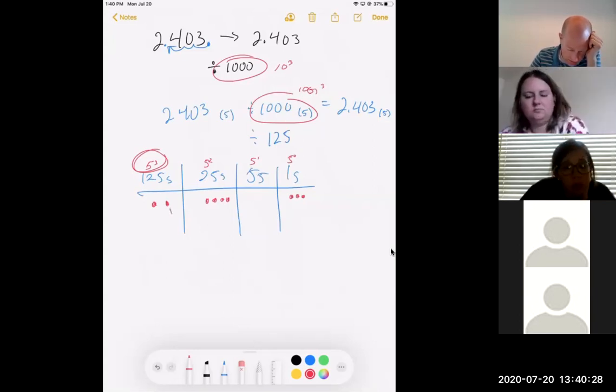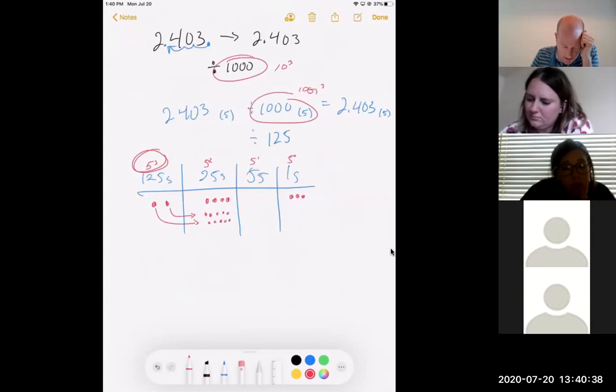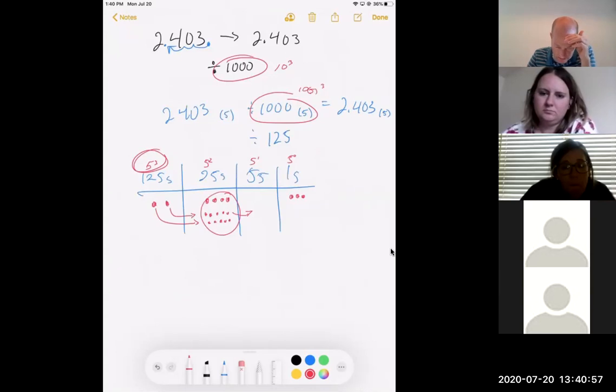So we need to put these over here and make 5 of them each. The exchanging, okay? And then we don't have any 125s here. So we have to exchange all of these into the 5 places, doing 5 of each of those. But that gets too cumbersome. And so what you end up having is that all of these went over to here, and there's lots of groups of 5.